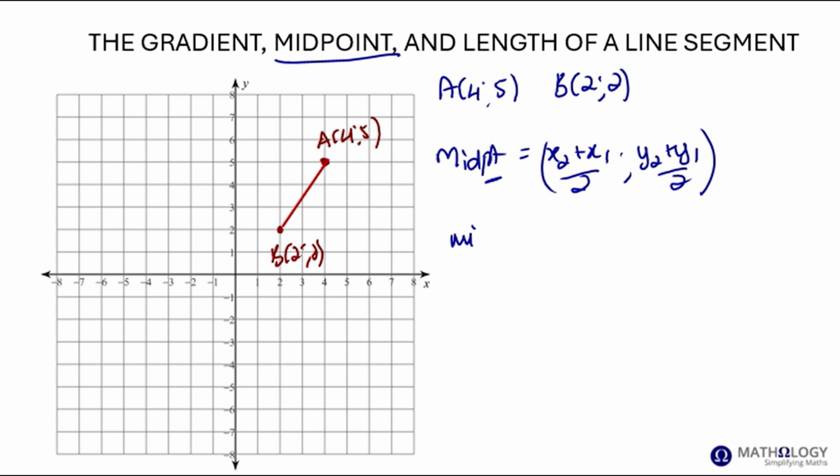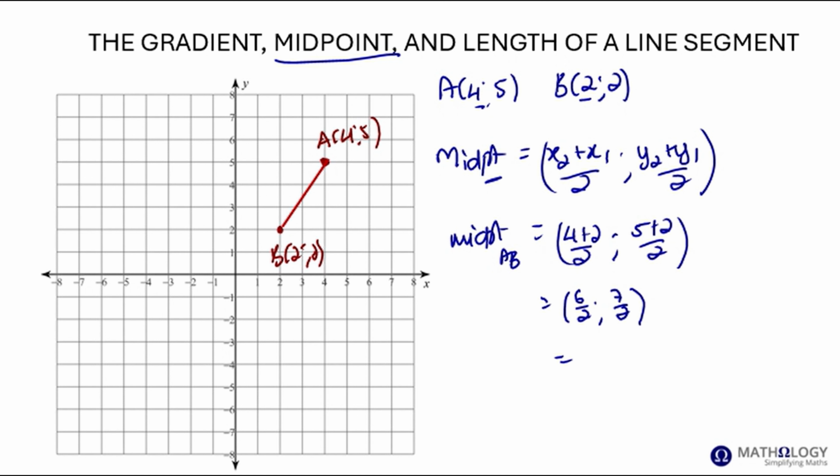So the midpoint of AB is x2 plus x1, so it's going to be 4 plus 2 over 2. And then y2 plus y1, 5 plus 2 over 2. That equals 4 plus 2 is 6, so just write it 6 over 2, 7 over 2, which we write as 3, 7 over 2.